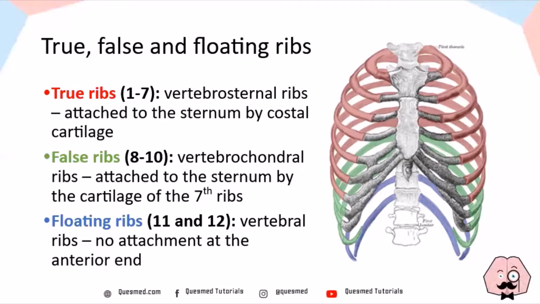Instead, their sternal cartilage merge with the 7th rib sternal cartilage and have a single articulation with the sternum. And then ribs 11 to 12 are floating ribs because they have no articulation with the sternum whatsoever. So they end kind of laterally and they don't have any sternal cartilage at all.